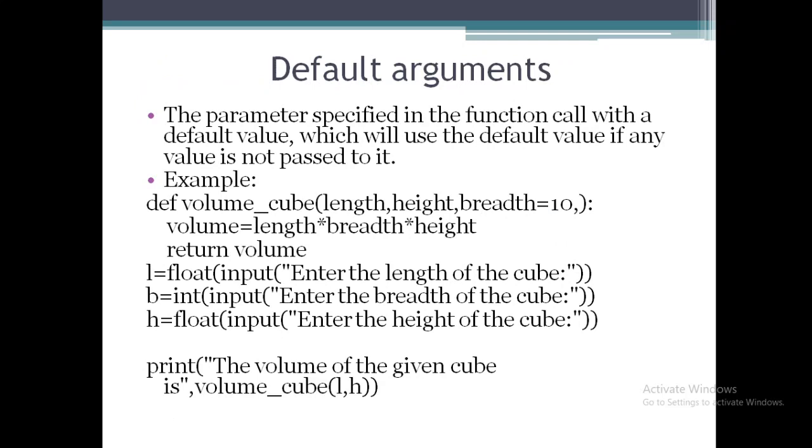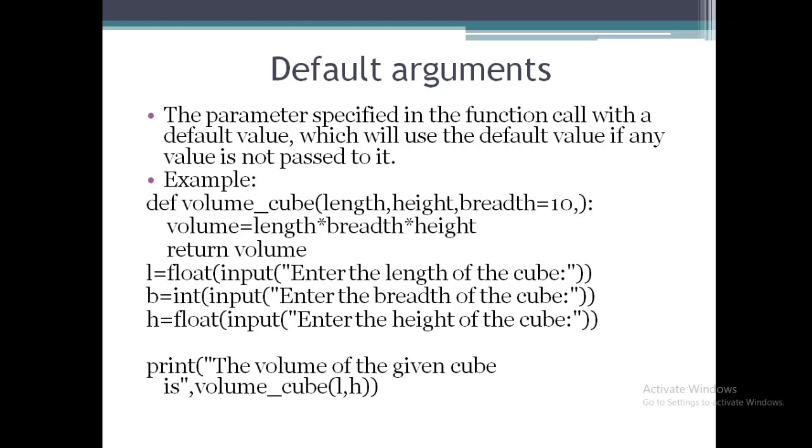So if the user of the program is not supplying any value, or if any function call is missing one or two arguments, then we can make some default value be assigned to that parameter when the function is getting executed. So a default argument is a parameter specified in the function definition with a default value, which is used when the value expected during the function call is not supplied or passed to it.